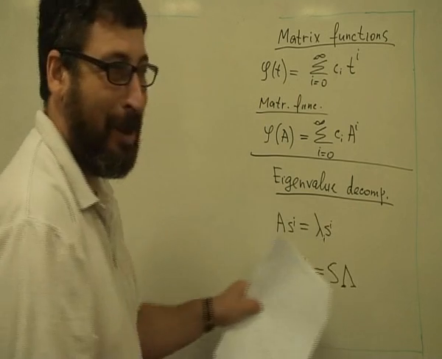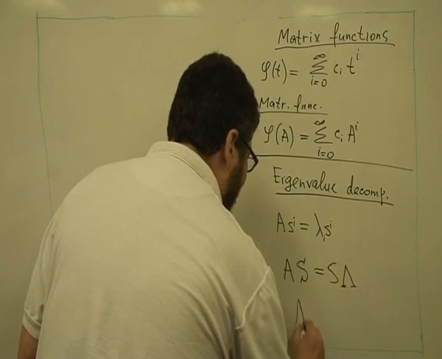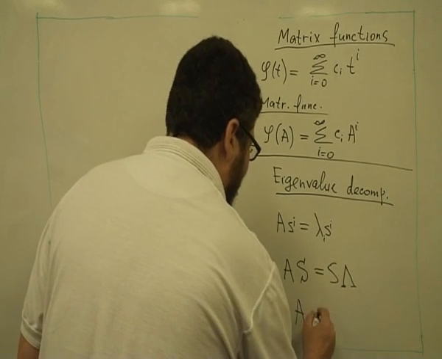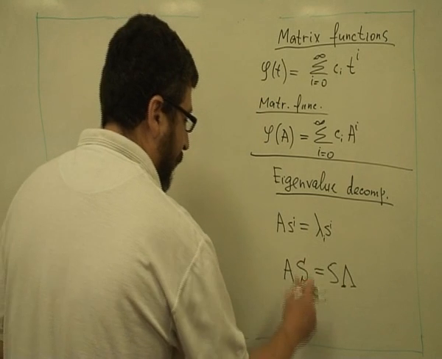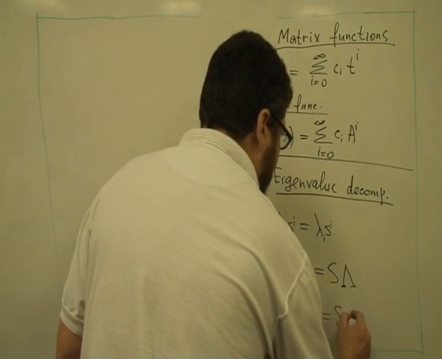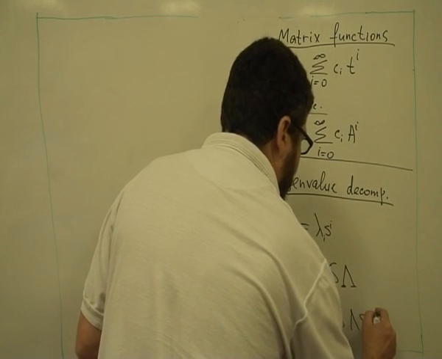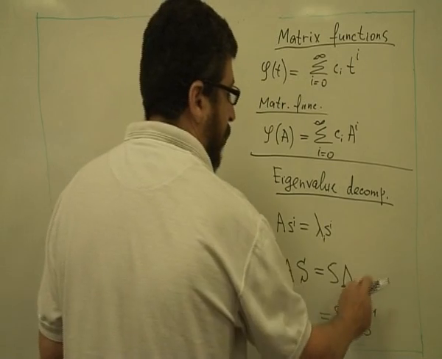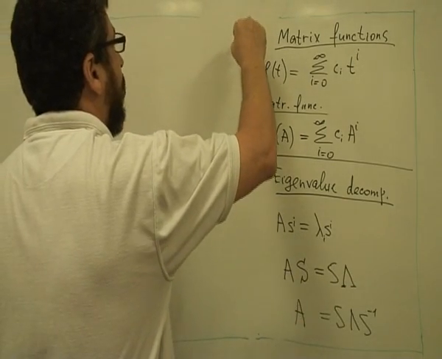It's better for me now to do it from the right. So I will get A, since S by S inverse is the identity and will cancel, equals S lambda S inverse. You should note for yourself that this is obtained by multiplication of this equality by S inverse.